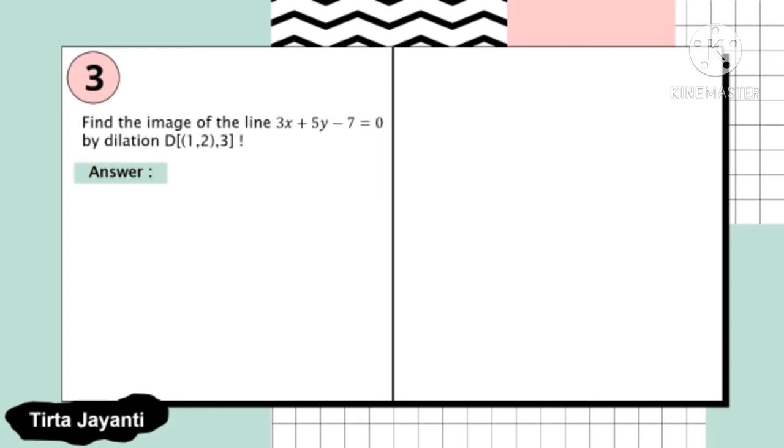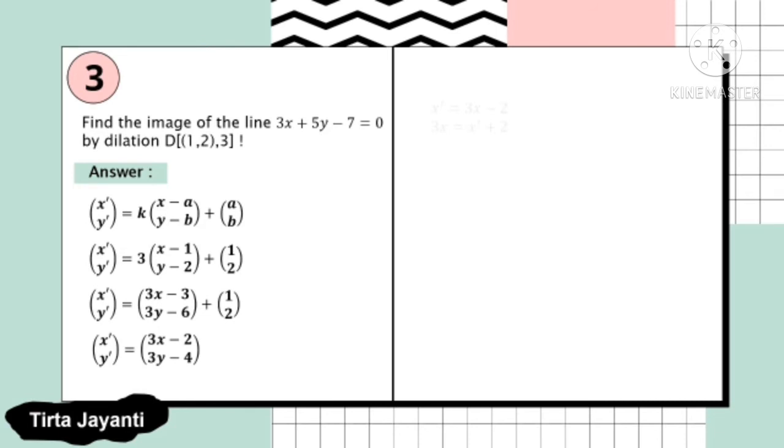Then we create the matrix form like this. X prime, Y prime is equal to K times X minus A, Y minus B plus A, B. Then substitute the K value with 3, A value with 1 and B value with 2 and do the distribution and addition until we find the matrix form x prime, y prime is equal to 3x minus 2, 3y minus 4.